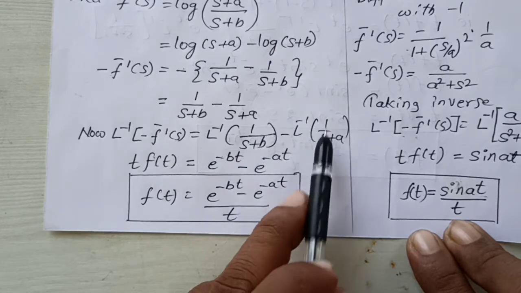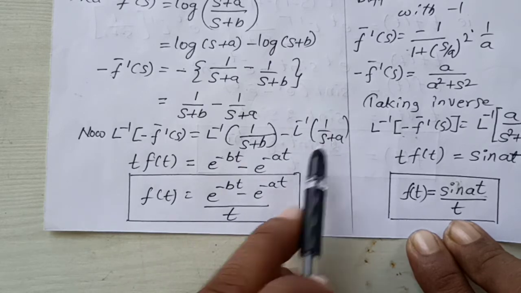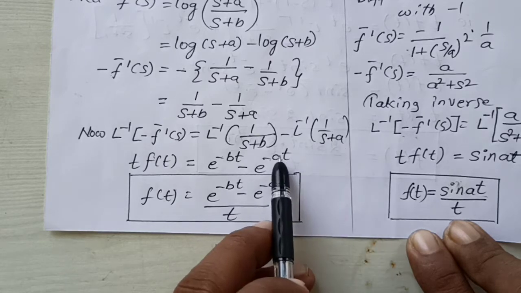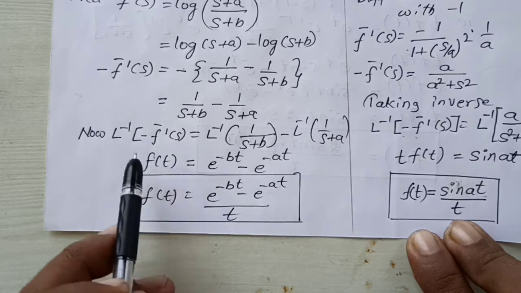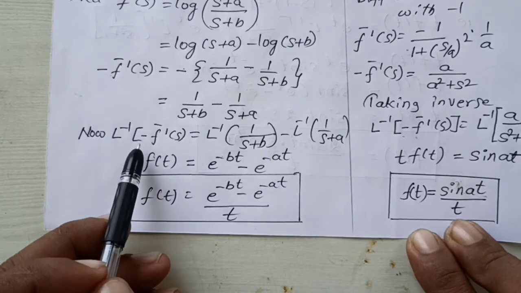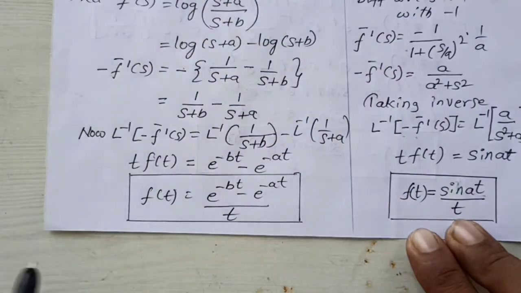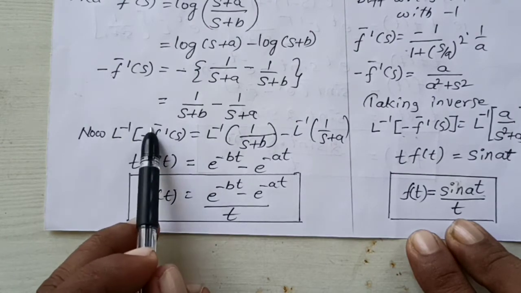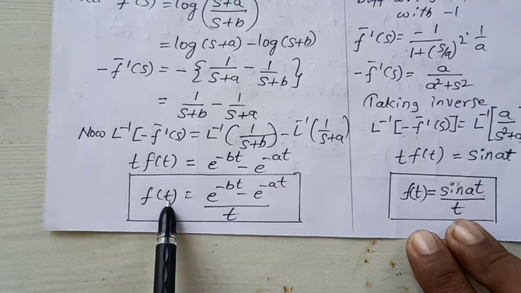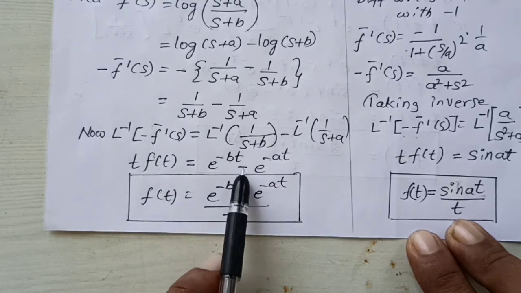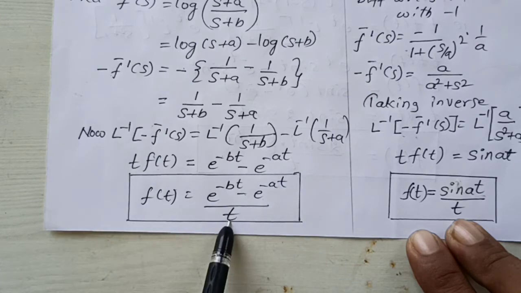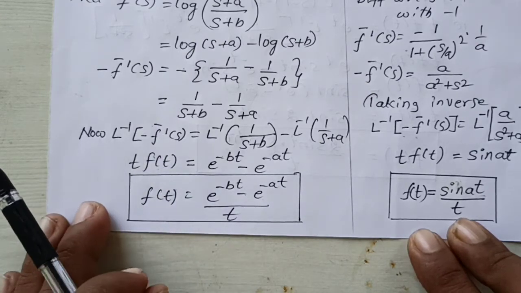Next, Laplace inverse of 1 upon s plus a is e raised to minus a t. So t f of t, from property 1, gives f of t equal to e raised to minus b t minus e raised to minus a t, divided by t. This is the answer for this problem.